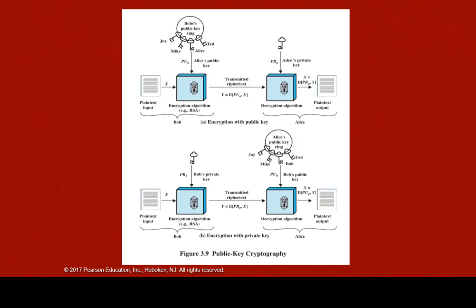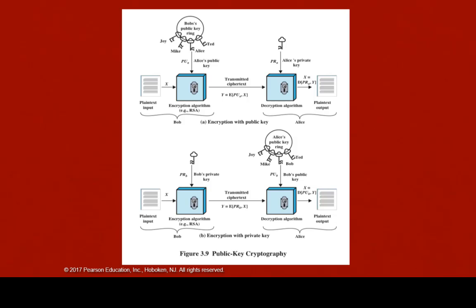Public and private key. This is a pair of keys that has been selected so that if one is used for encryption, the other is used for decryption. The exact transformations performed by the encryption algorithm depend on the public or private key that is provided as input.